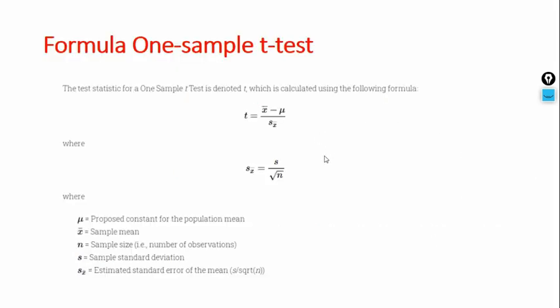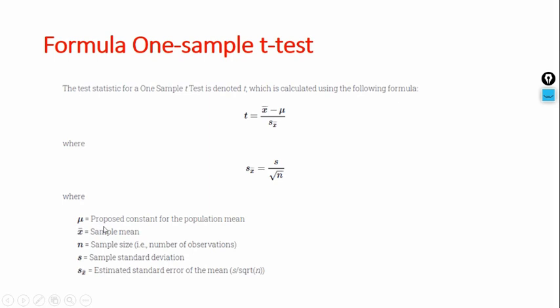Friends, this is the formula given in our books which we learned at UG or PG level. Formula for the one sample t-test: t is equal to x bar minus mu upon the standard error of x bar. What is the formula of standard error? Standard error is standard deviation upon square root of n.